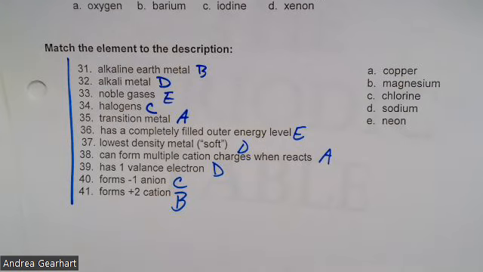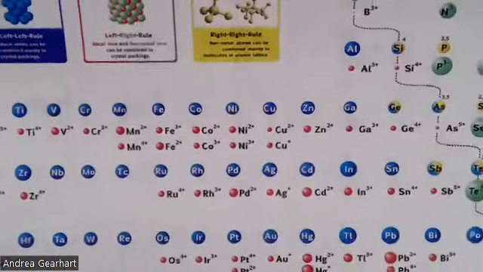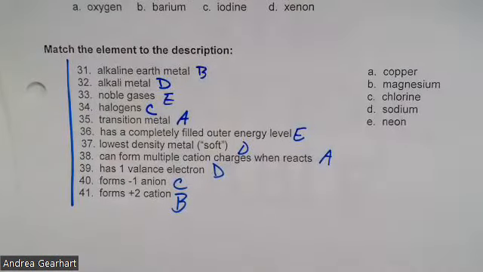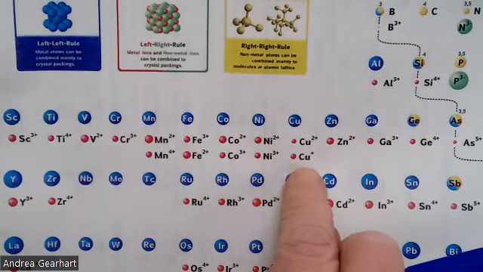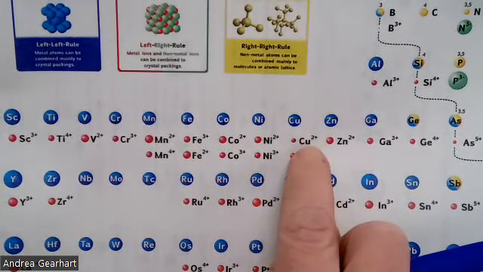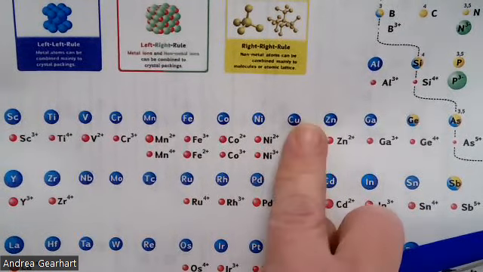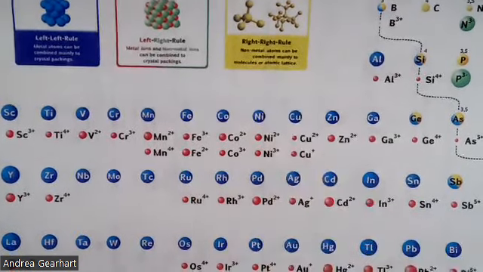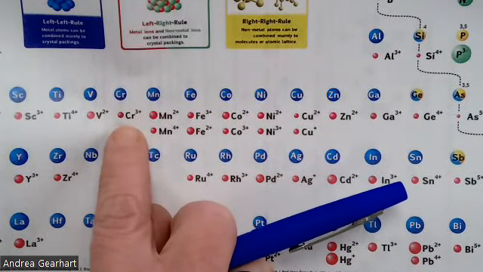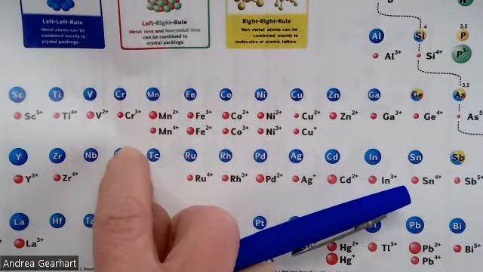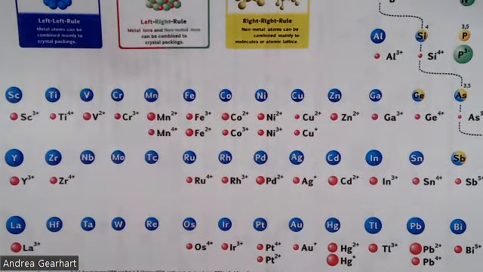We don't have to know this. Copper, I was just using this with the second year students. Copper is +1 and +2, but we don't have to know that at all. But look, chromium, the most common ion is +3 and +1. So we just can't assume.